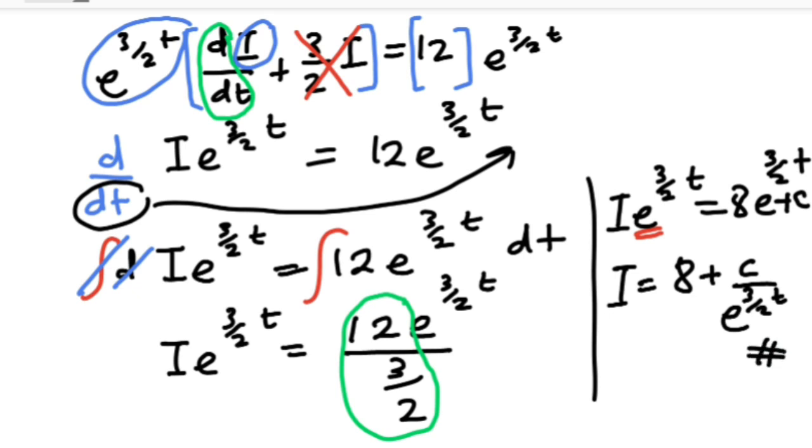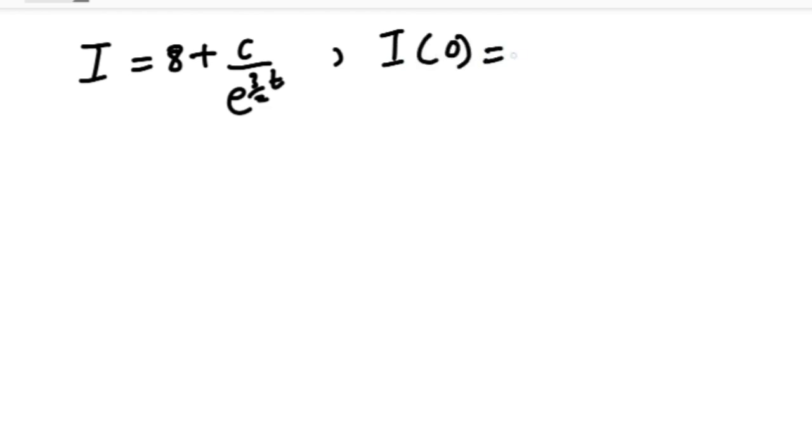But we can find the value of c, because in the question we are given that when t is 0, I is 0. So we find c by substituting into I = 8 + c/e^(3/2 t).